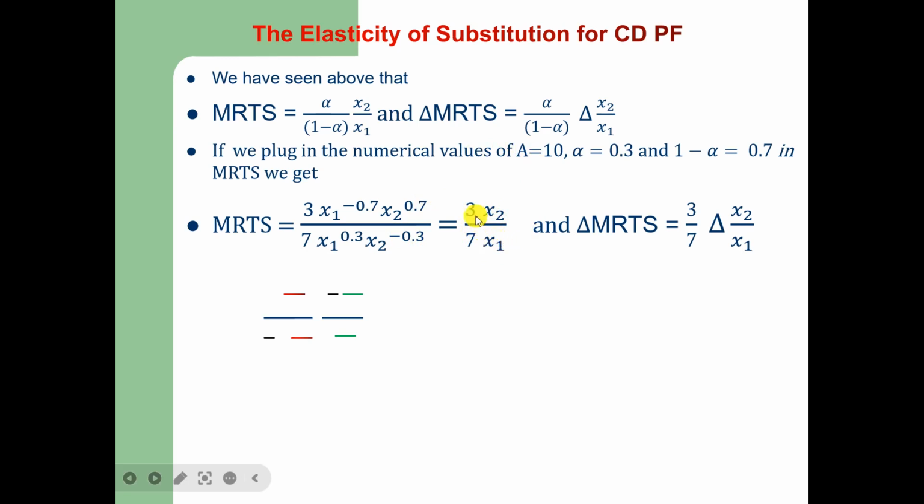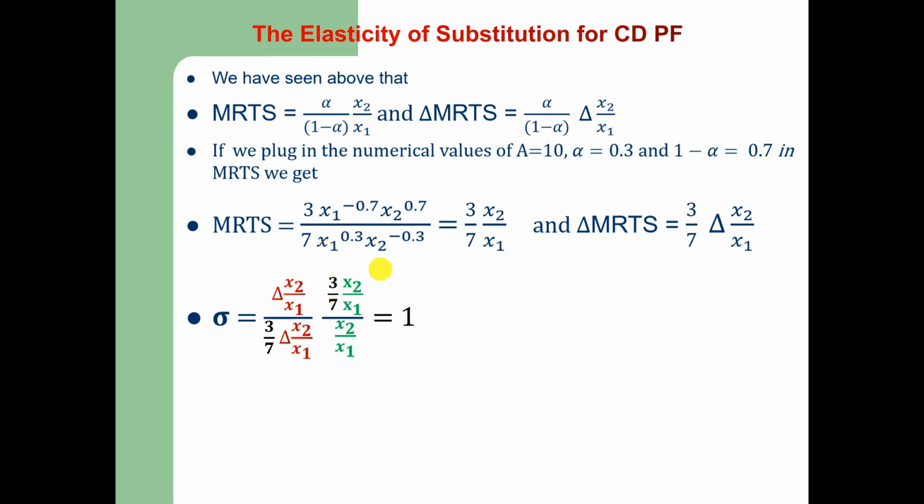So this is MRTS, and delta MRTS would be 3 by 7 times delta x2 divided by x1, that is the change in the input ratio. If you put these values in the formula for elasticity of substitution, then sigma is equal to delta x2 divided by x1, which will cancel out with this delta x2 by x1 in the denominator.